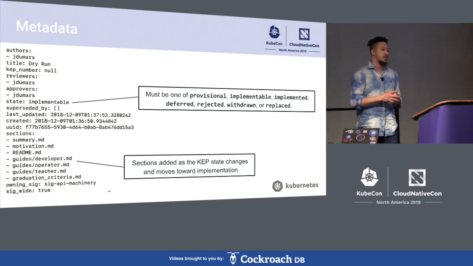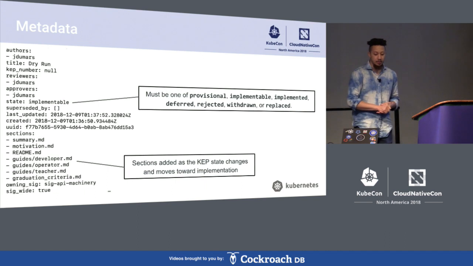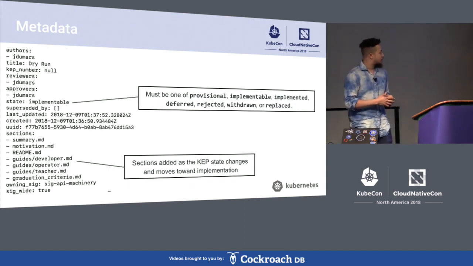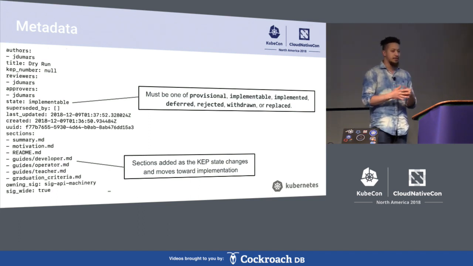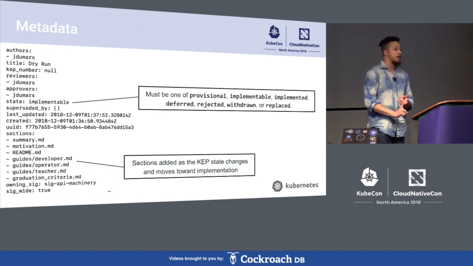Reviewers, approvers, the SIGs that are going to be participating in the KEP, the state that the KEPs are in at any one point. So we'll start to talk about the states as well as the different sections for the KEP. But you can see that some of these sections laid out are kind of what we were already speaking about, as well as if you've ever looked for docs in trying to implement a Kubernetes API as either an operator or a developer, they're not always easy to find.